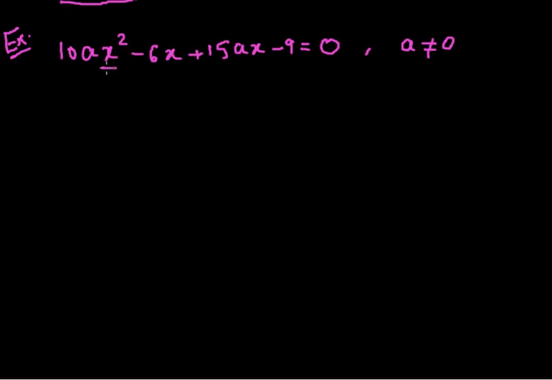Now in this question, the coefficient of x square is 10a and the coefficient of x is minus 6 and 15a. If we arrange that question into our format, this will become 10a x square plus (15a minus 6) into x minus 9 is equal to 0.